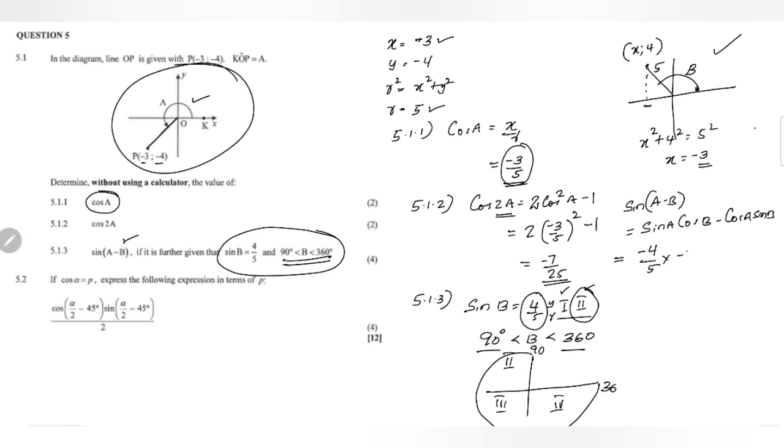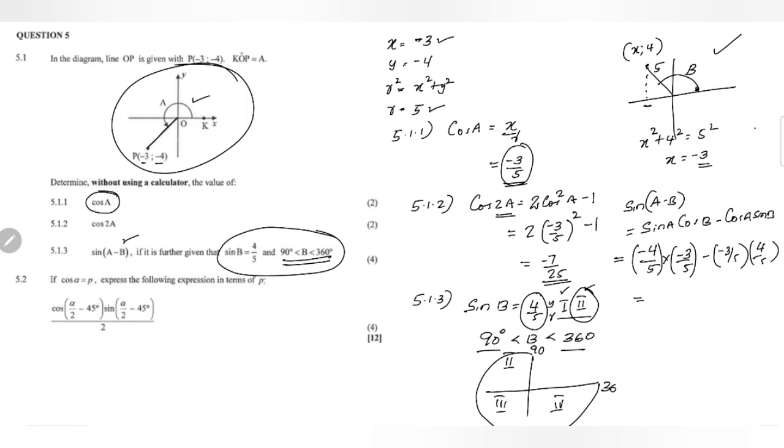Minus 3 over 5. Yes, minus 3 over 5. We got it. Then minus. Put a bracket, I think that's better. When you substitute a fraction, use brackets. Cos A, again go back to the first diagram that we already did: cos A is minus 3 over 5. And sine B is 4 over 5.